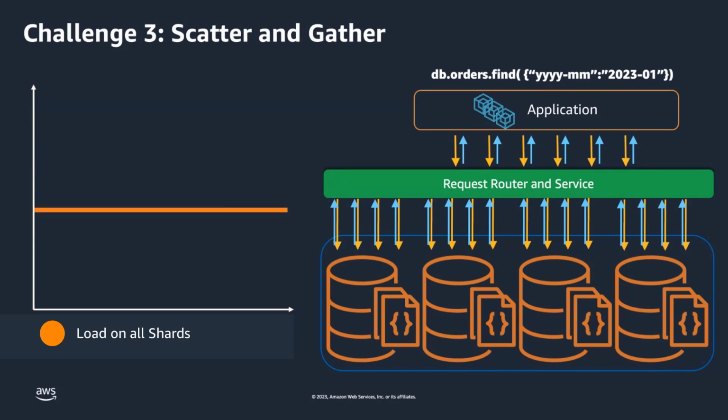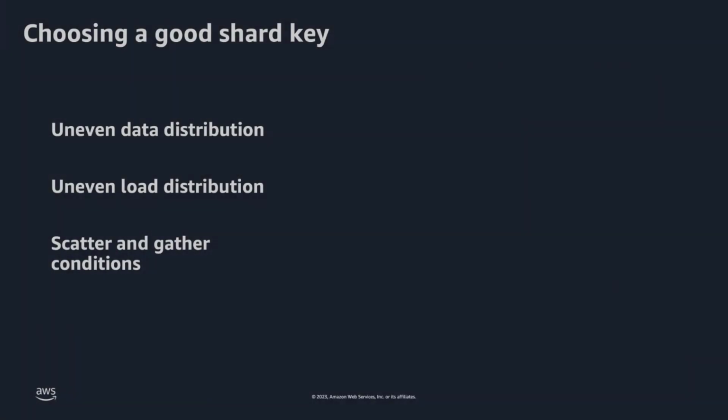Even if you assume even distribution, this challenge still persists. To summarize, you need to plan around three challenges: an uneven data distribution, an uneven load distribution, and scenarios that lead to scatter and gather conditions.